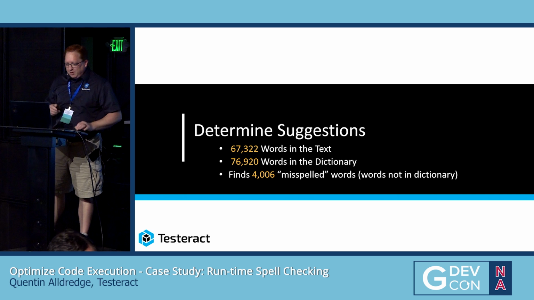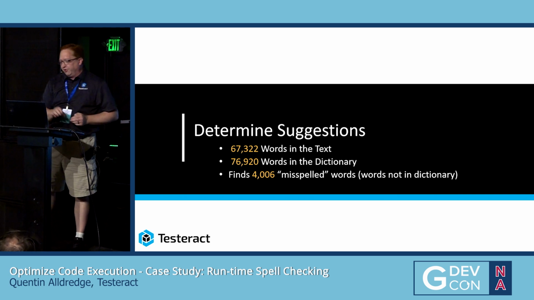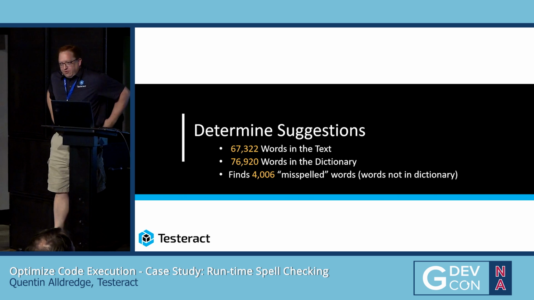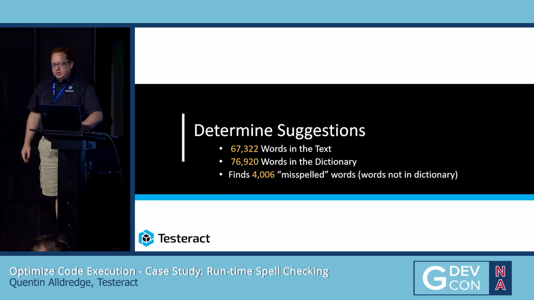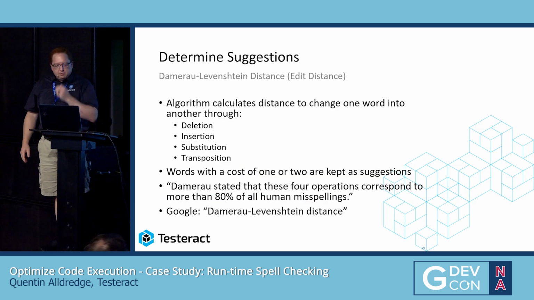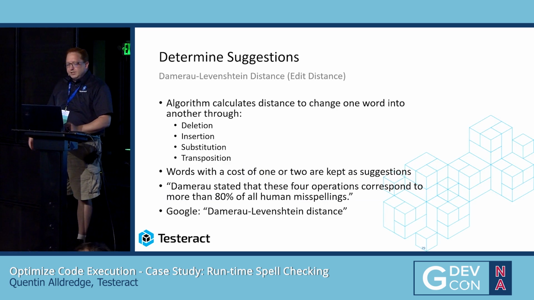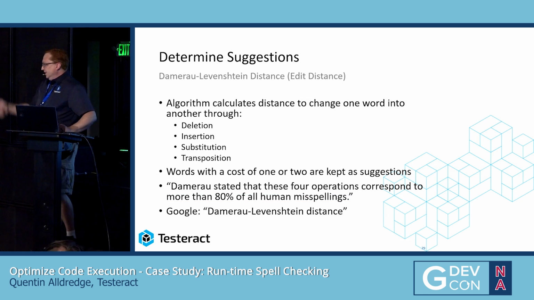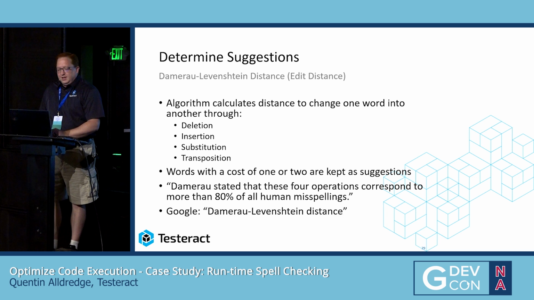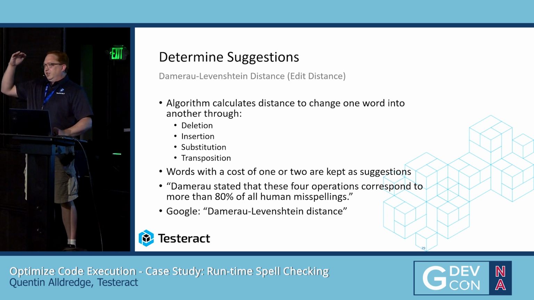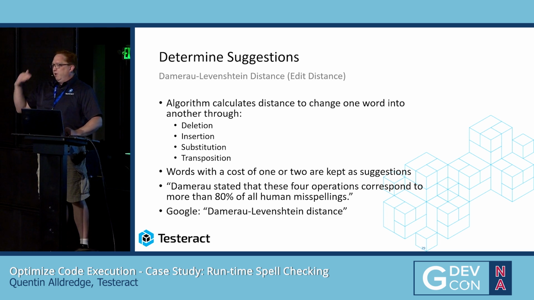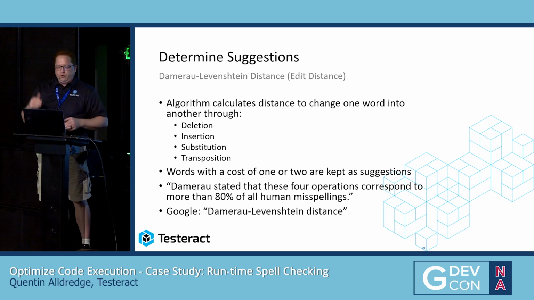For the little time we have left, I wanted to talk about determining suggestions. There's a whole kind of science to determining whether a suggestion is good or not. There are these 2 guys named Damerau and Levenstein who came up with the Damerau-Levenstein distance. Basically, the number of steps it takes to turn one word into another gives a rank of how closely related those 2 words are.